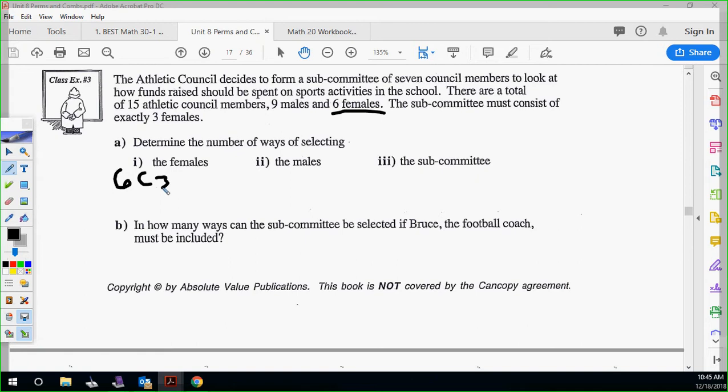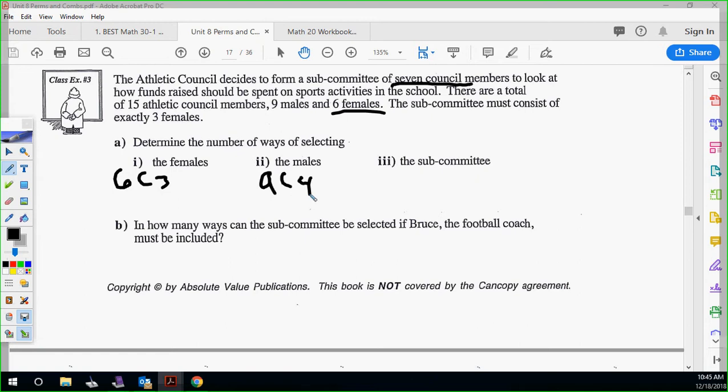If you have to have 3 females, how many males do you have to have? They're selecting 7, so we need 4 males, so 9C4. So then what's the total number of ways you can choose the whole committee?